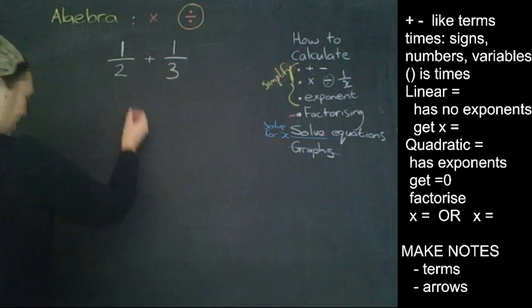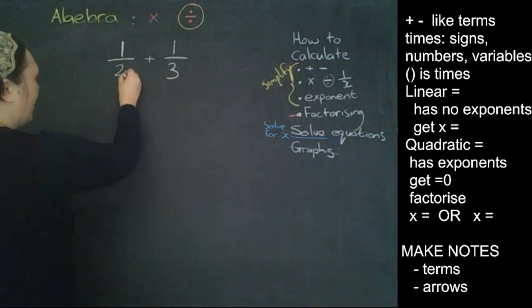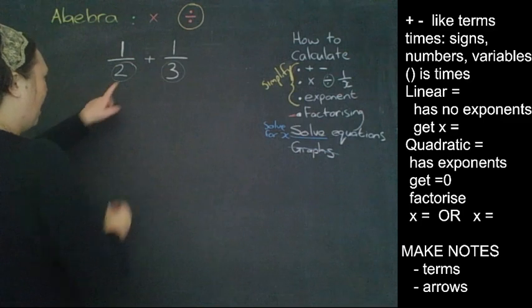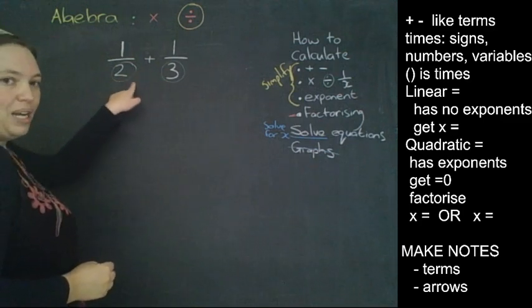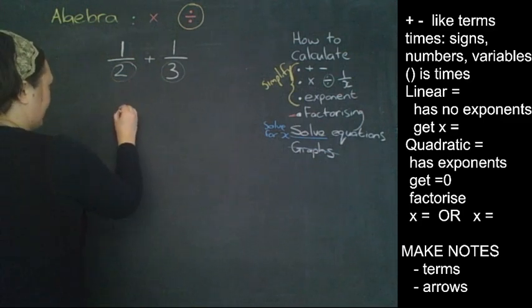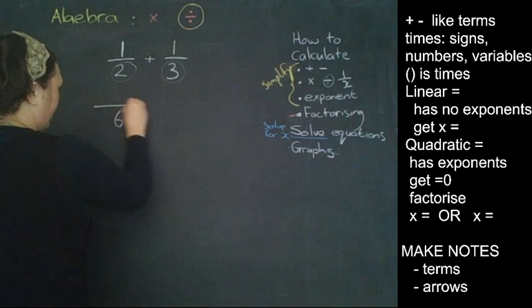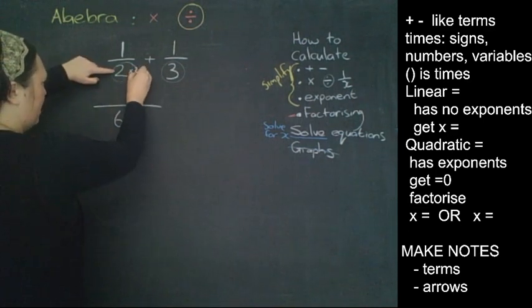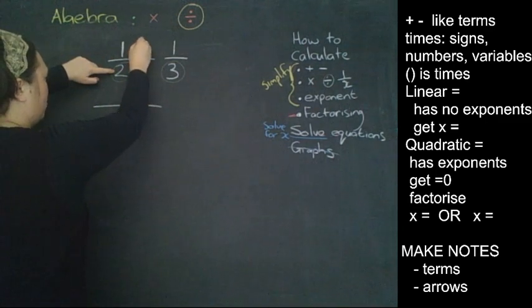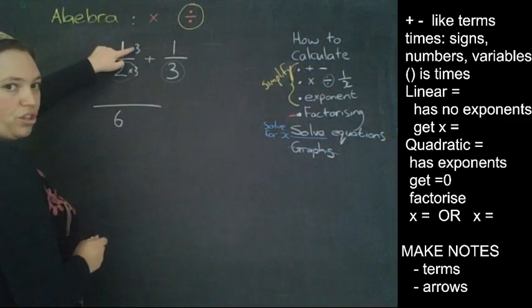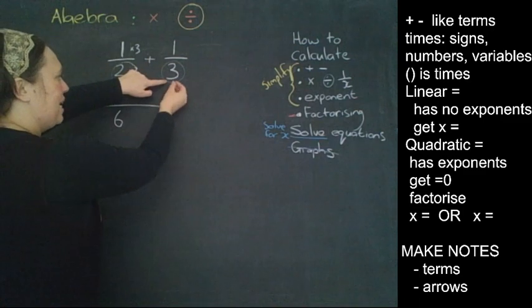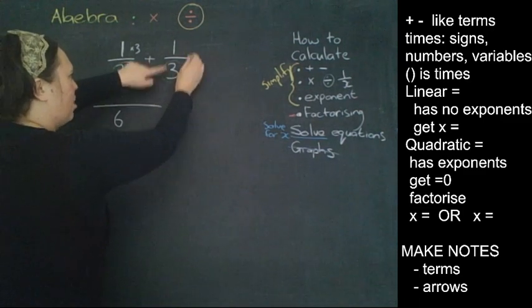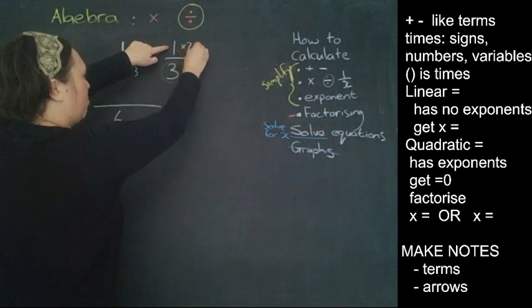So then we're going to say the common, or the lowest common denominator here is 6. So how do I get this one to be a 6? Times 3. And if I do at the bottom, I must also do at the top. How do I get this to be a 6? Times 2. And what I do at the bottom, I must also do at the top.